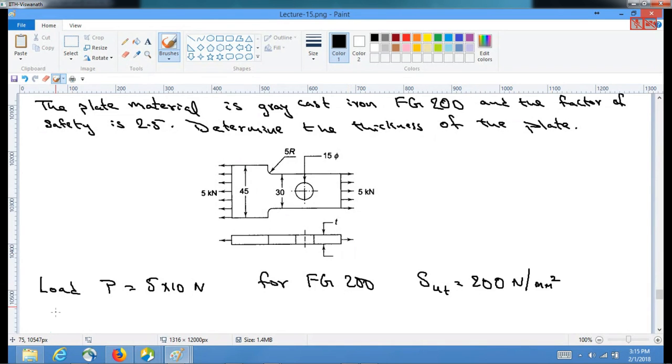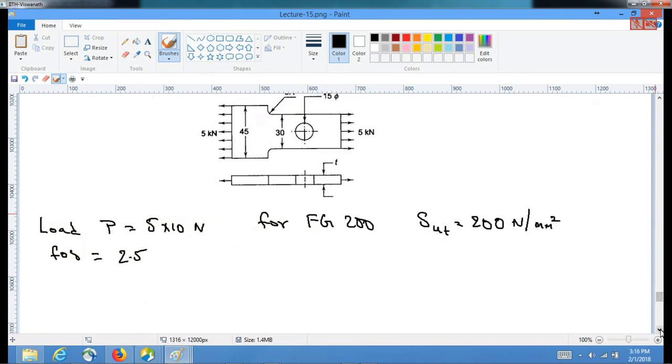We know the factor of safety, which is given here as 2.5, and based on that we can calculate the maximum allowable stress, which is SUT divided by factor of safety, that is 200 divided by 2.5, which is 80 Newton per mm square.